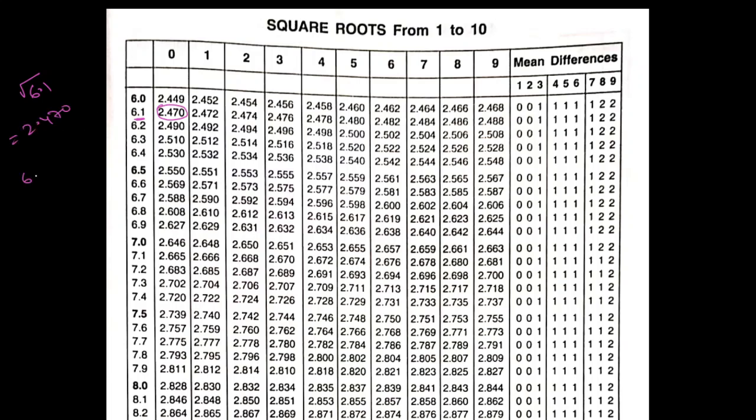And so if I had to take 6.12, right? So 6.1 is here. 6.12 will be this, 2.474. Just have to read it from the table directly. It's really straightforward, right? So this was for two-digit numbers, like numbers between 1 and 100, basically.